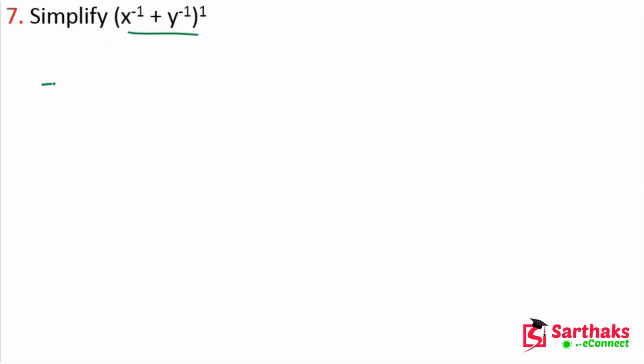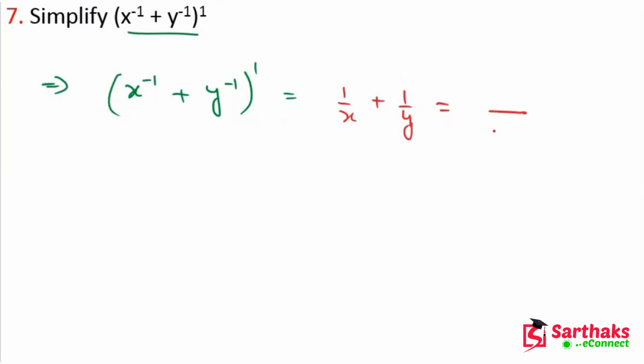We have (x^-1 + y^-1) whole raised to power 1. We can write x^-1 as 1/x, plus we can write y^-1 as 1/y, and whole raised to power 1 is just that. Now we can take xy as the LCM, so this becomes (x + y).